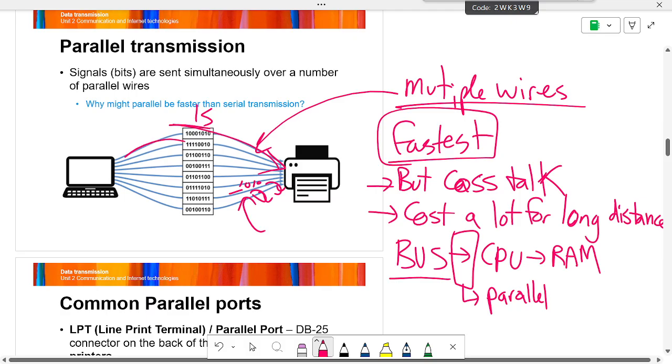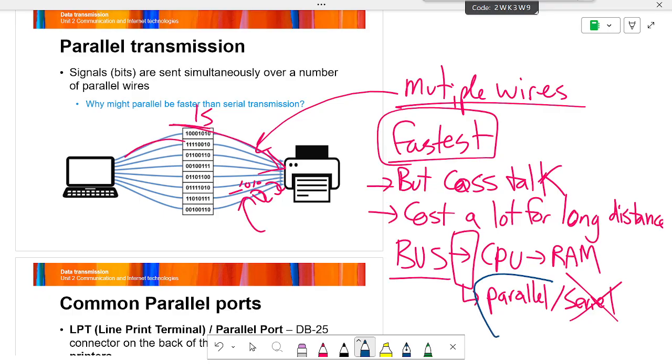Why do you think we have many wires? Do you remember seeing the bus system? Because there's many bits needed to go in. Okay, why parallel, not serial? Why do we choose parallel?